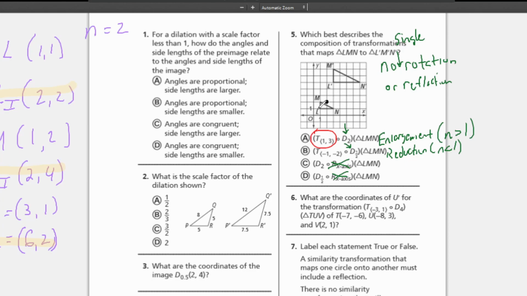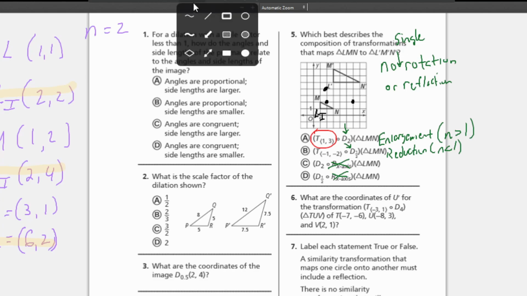That's L intermediate, so I'm going to put Li there. M intermediate is at 2, 4, so we already know that's 2, 1, 2, 3, 4. And N intermediate is all the way out to 6, 2. So let's see here. Let's do the 2 first. 1, 2, and then 6. 1, 2, 3, 4, 5, 6.